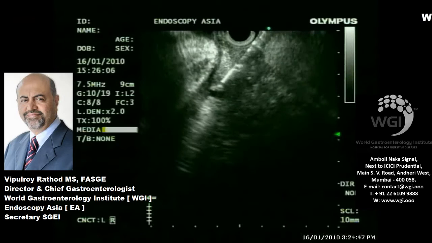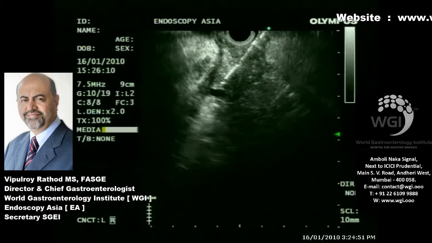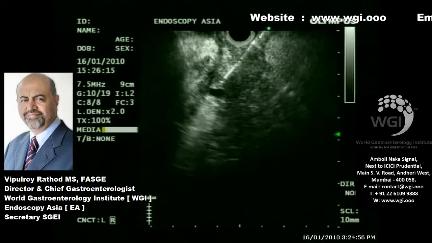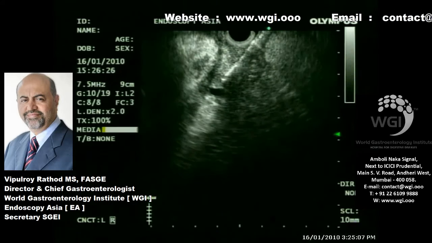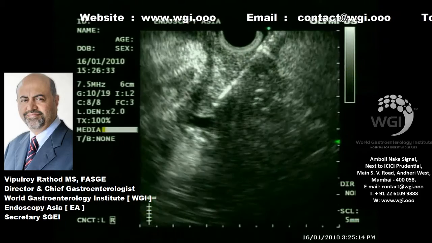You can see here the tumor is between 5 and 7 o'clock position. Once again, we are using a gentle jab with a very small 25 gauge needle, and we will deplug the needle with the stylet.